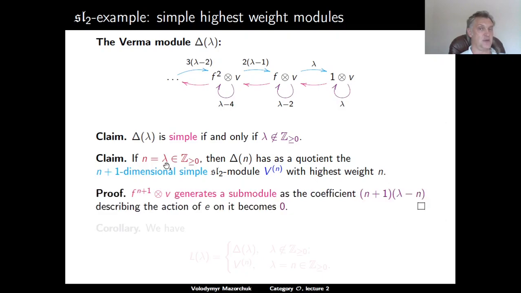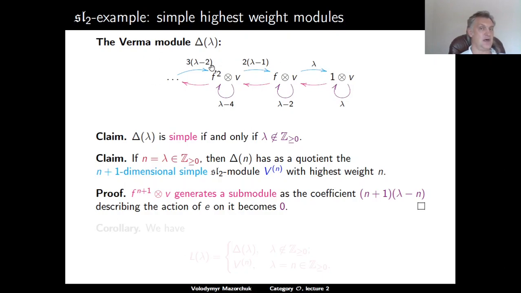So if lambda is equal to n, then the coefficient of the action of E on the element f to the power n plus 1 tensor v will be n plus 1 times lambda minus n, which is 0 if lambda is equal to n. So everything to the left of this vector is a submodule.